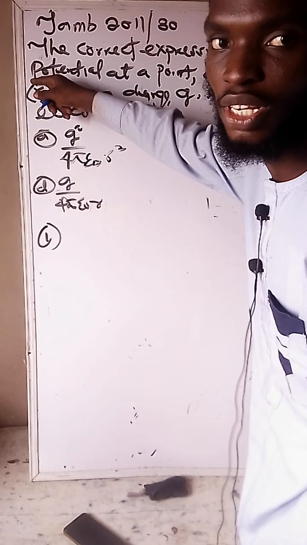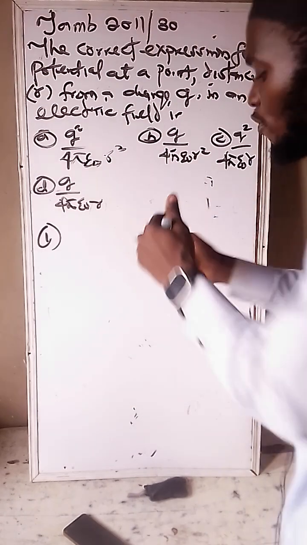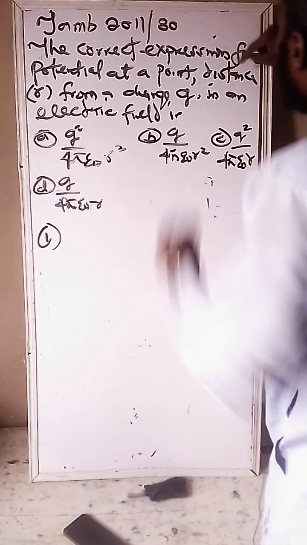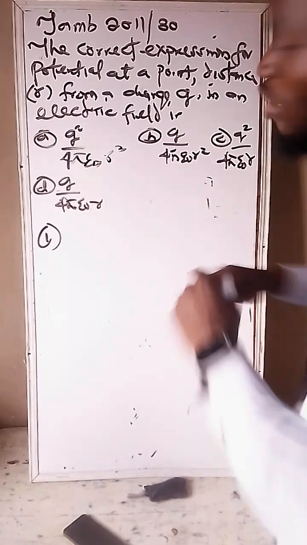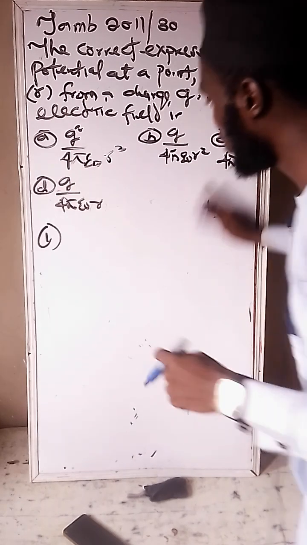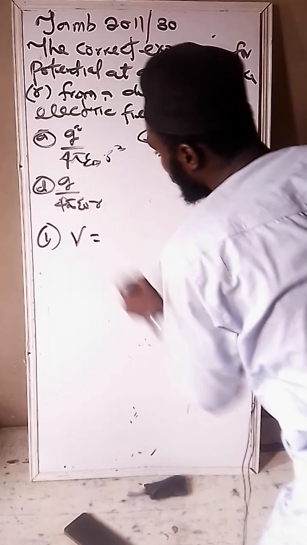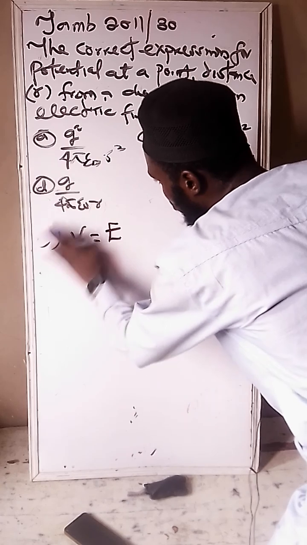You must derive it until you get something related to R and Q, not E and D. So we still use V equals E times D.